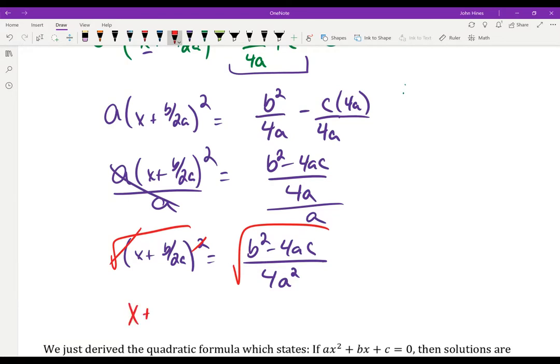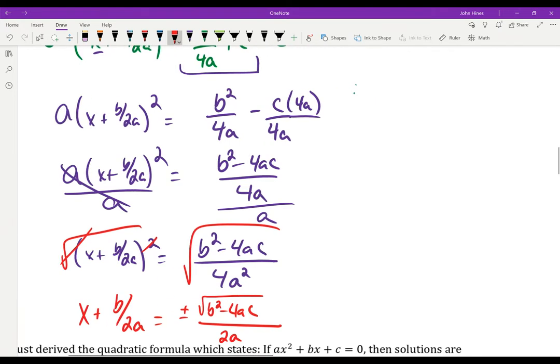So I get x plus b over 2a equals plus or minus the square root of b squared minus 4ac over, I can take the square root of that. What times itself is 4a squared? 2a. And then the final step is to move that term over.